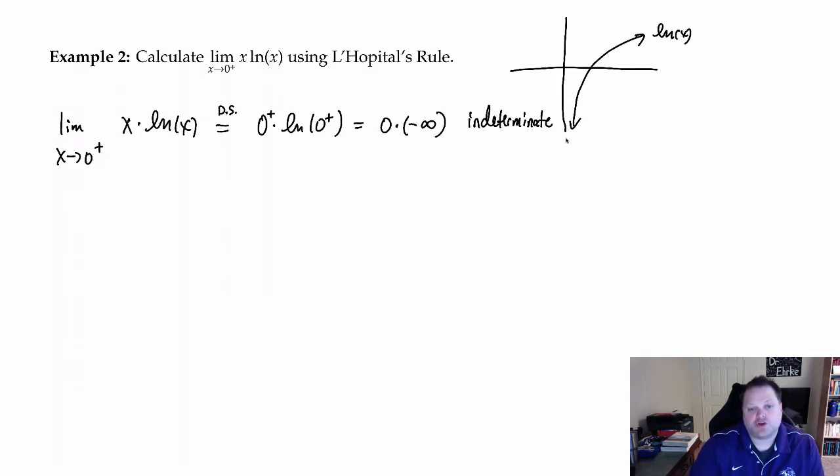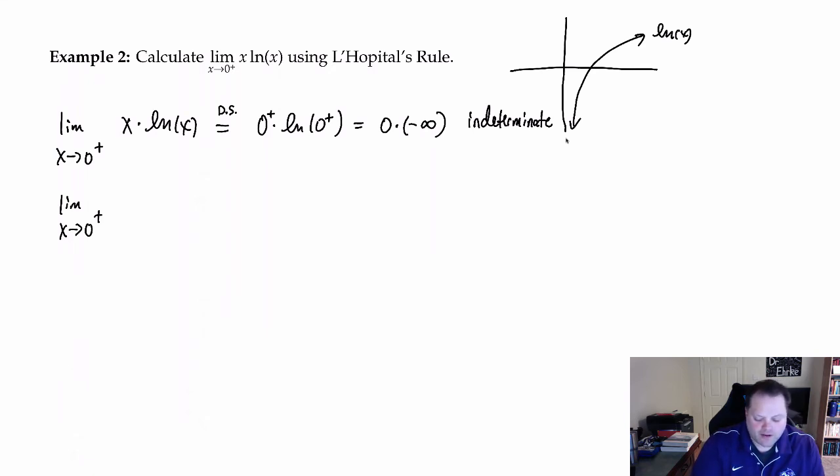So I know from what we talked about earlier that this is indeterminate. However, I can't use L'Hopital's rule here, at least not yet, because it's not 0 over 0 or infinity over infinity type. So I want to do some algebra first to turn it into the right type. I've got to create a ratio. So I've got to divide by something, but I can't change the original function.